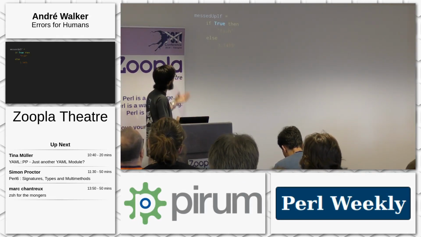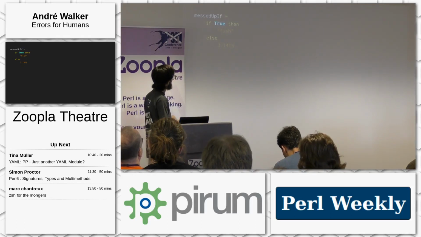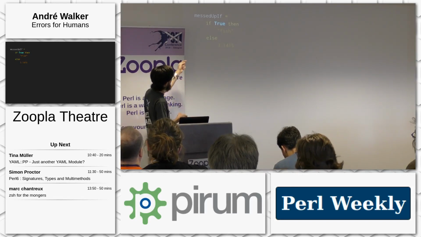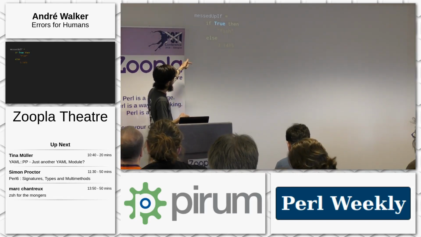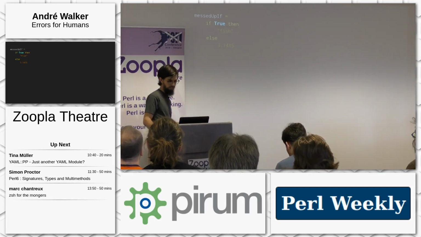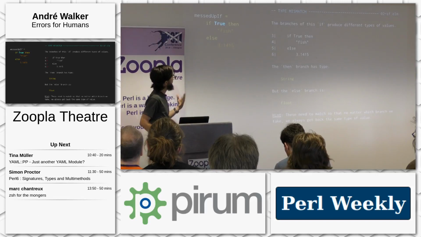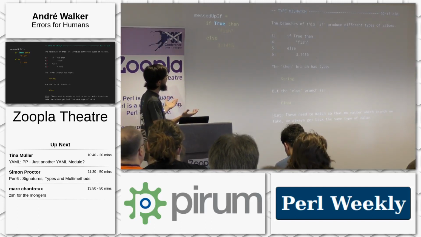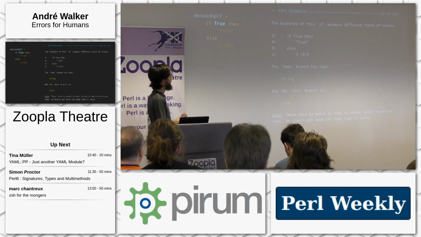Another example, a messed up if. The mistake here is that Elm is a strongly typed language, so you can't use a string and a float. You have to return one thing from the if statement, one type. So this is what you get when you compile it. The branches of this if produce different types of values.